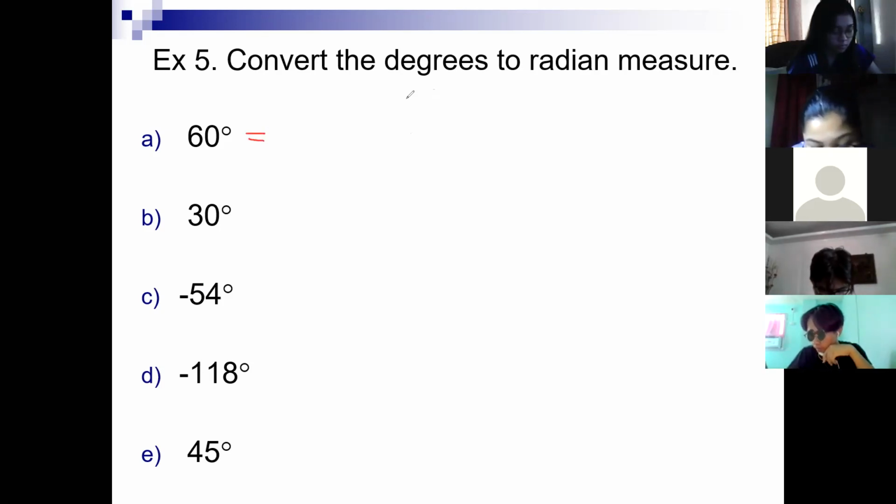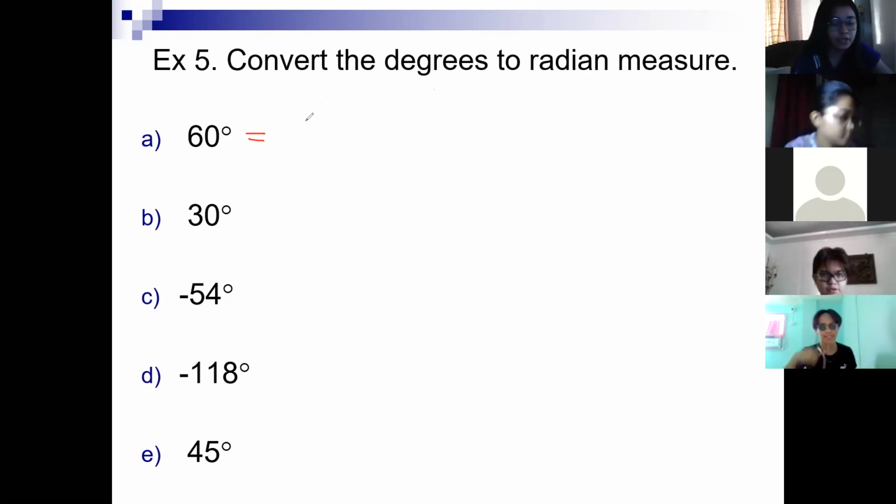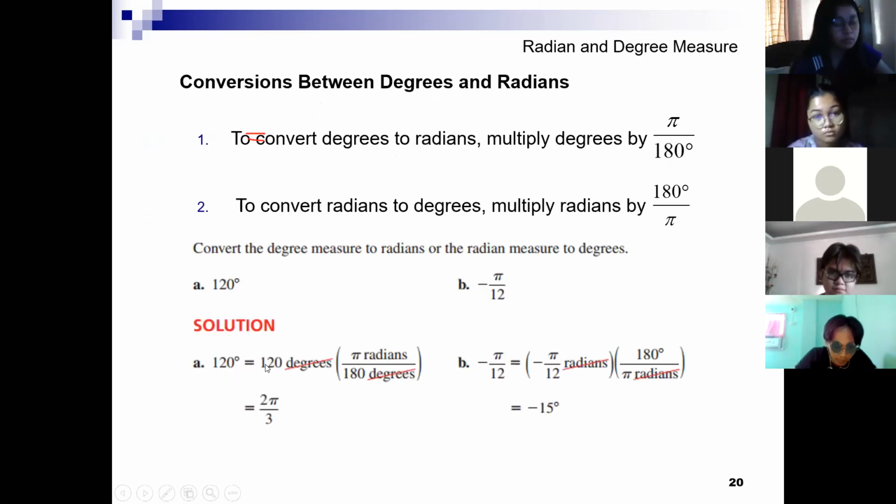This is 180. 180 degrees. It's the reverse. There's a problem of your understanding. Convert degrees to radian, multiply it by pi over 180 degrees.